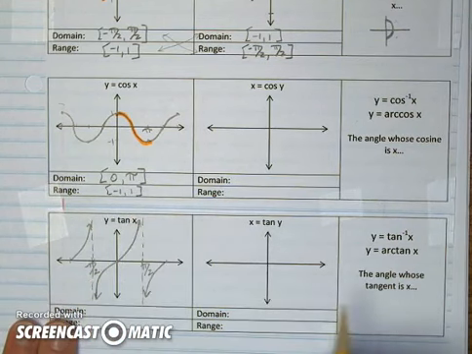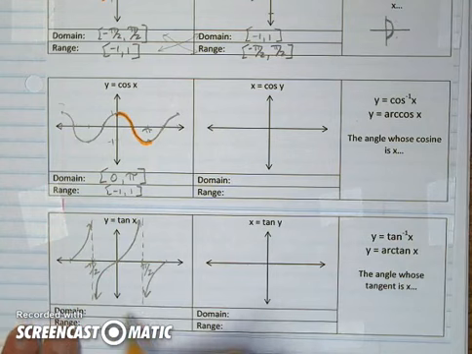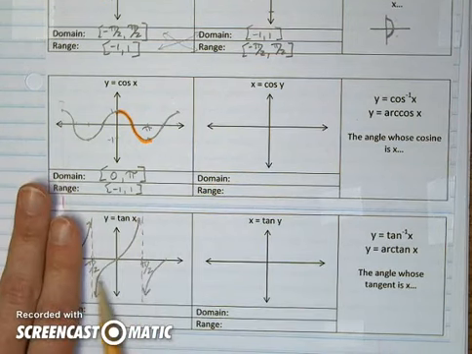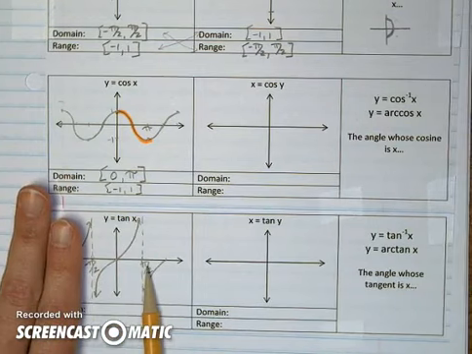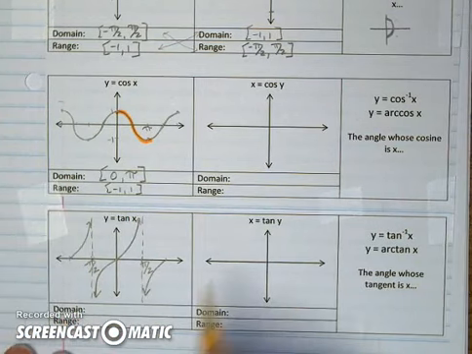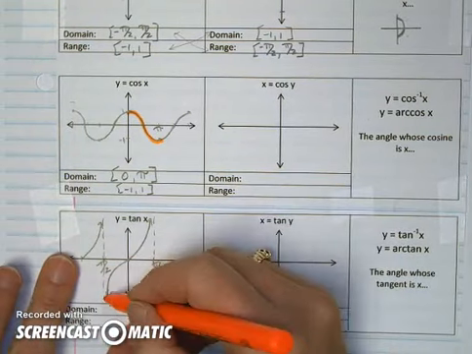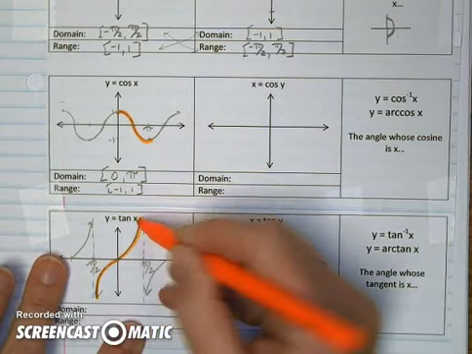Let's look at the tangent real quick while we're doing this. Our domain here, our x values, can be anything, right? Let's look at just this one right here. It's not at the pi over 2's, right? Because they're asymptotes. So for this sliver, we are just going to take this piece, that one period right there.